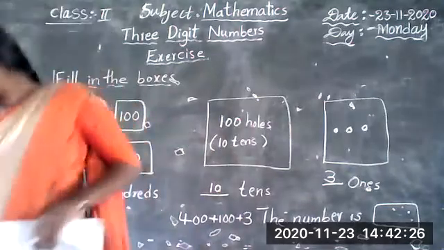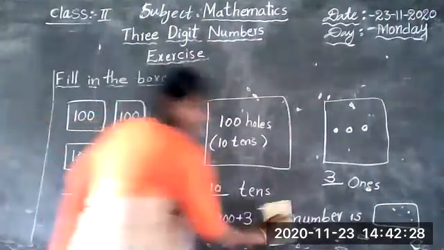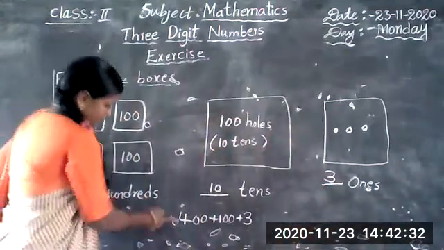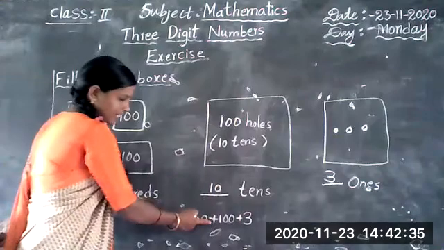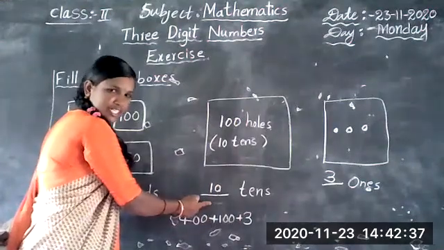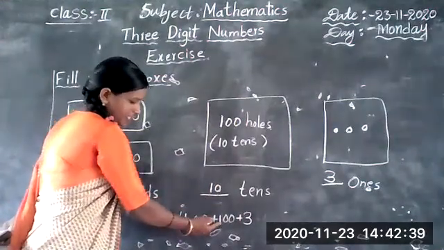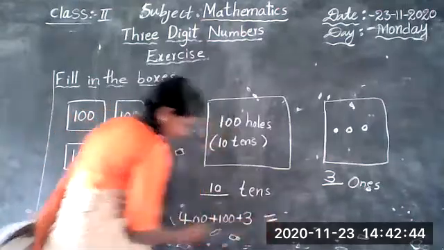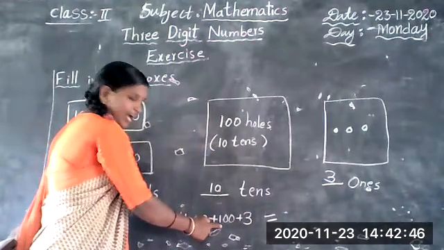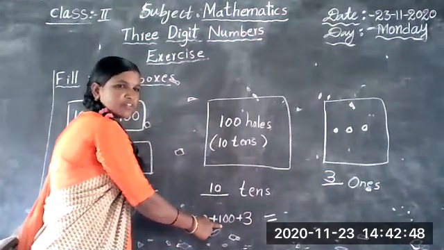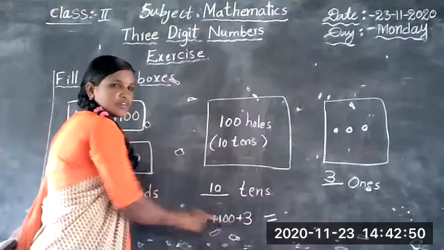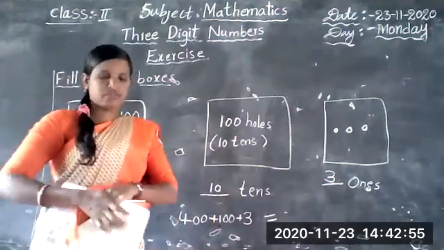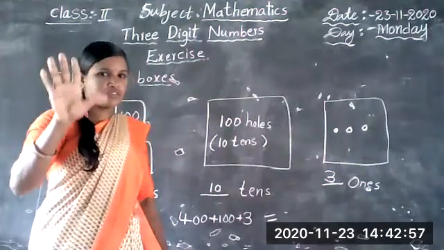So now, see, 400 and 100. 10 tens is equal to 100. Add 3. So which number comes? 400 and 1 more 100.